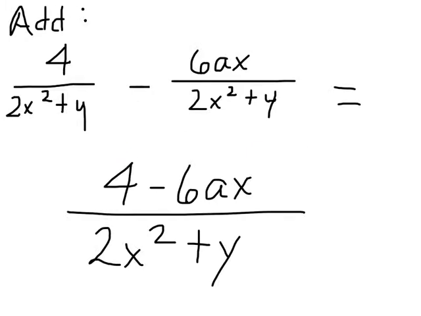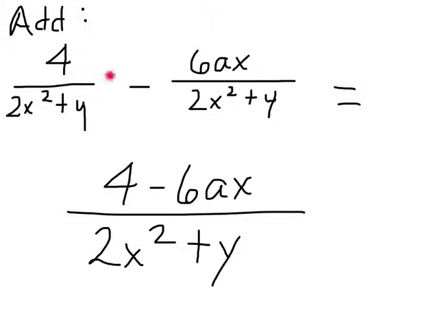Alright, let's look at this in action. 4 over 2x squared plus y minus 6ax over 2x squared plus y. We have the same denominator here, okay?